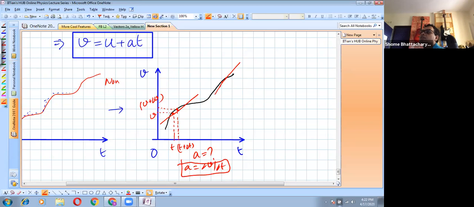So the instantaneous value of acceleration here is, let's say, A2, here it is A1, and here it is A3. You can see they are not all equal. A1 is not equal to A2, is not equal to A3. This is a case of variable acceleration, so this is not what we want.